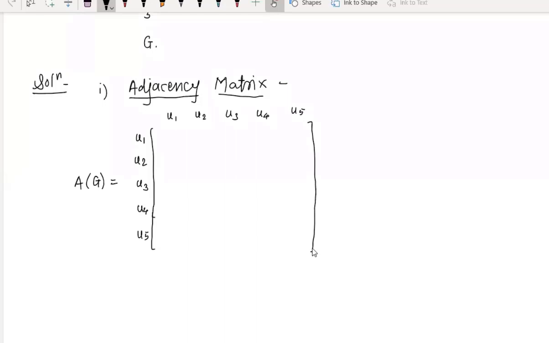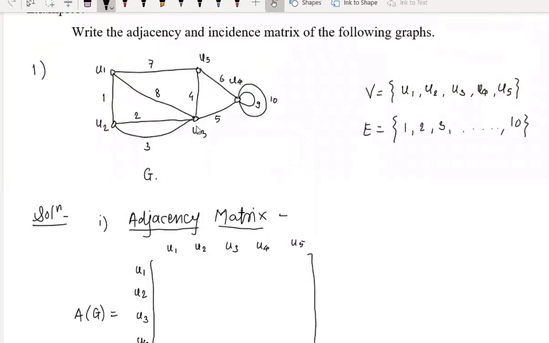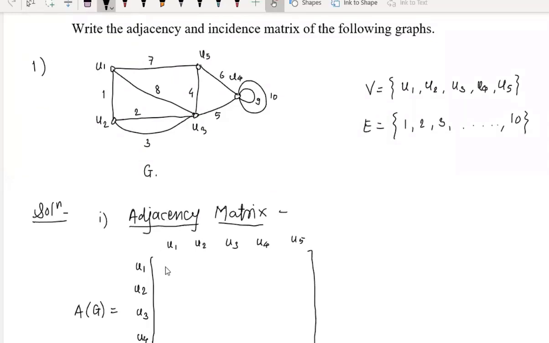Okay. Now just try to write the entries. U1 to U1, how many edges are there? 0. U1 to U2, one edge is there, 1. Remember, in adjacency matrix, we have to write the number of edges between that pair of vertices. U1, U3 के बीच में कितने edges है? 1.